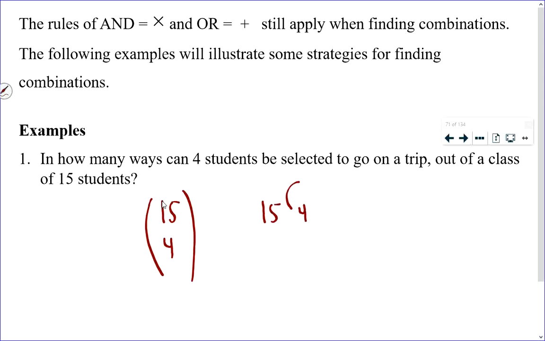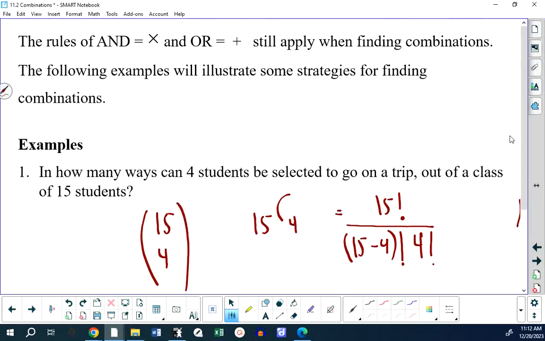You can calculate the answer using the formula, which says it will be 15 factorial over 15 minus 4 factorial, 4 factorial. Or you can calculate it by using your calculator. You know where to go for the factorial and the nPr? Go to the same place for the nCr.